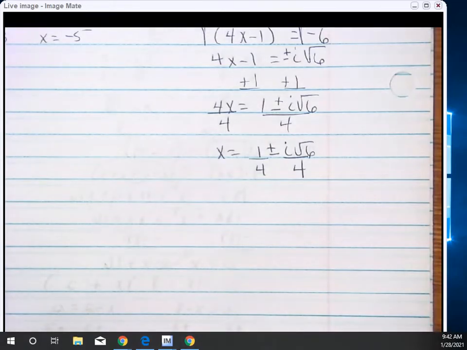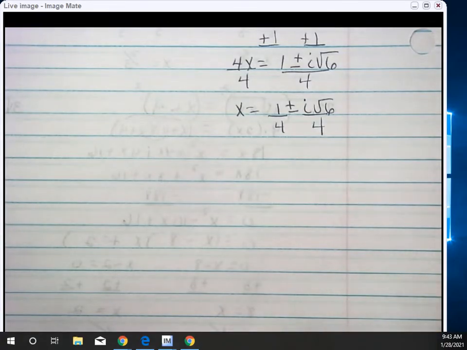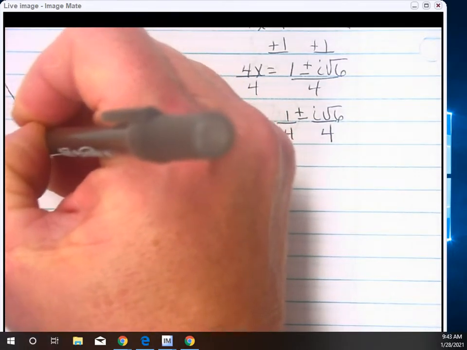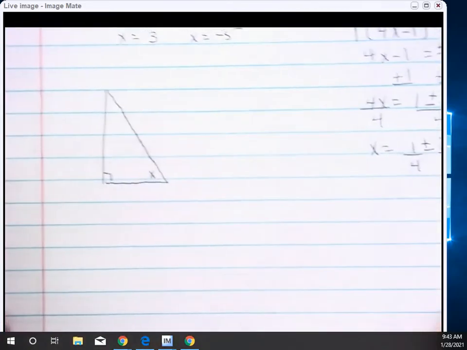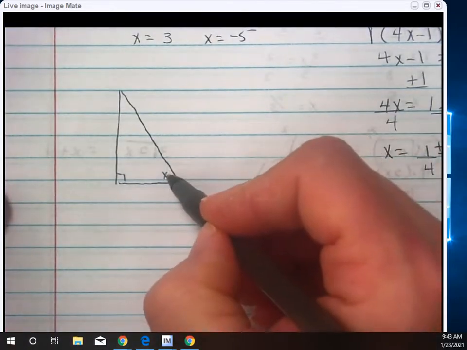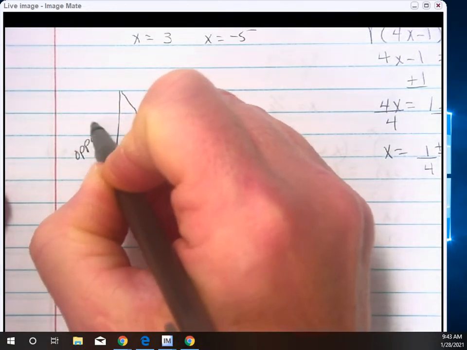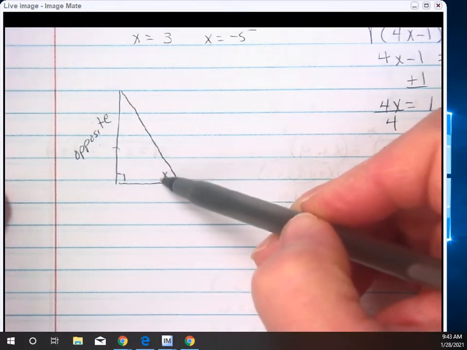All right, so let's shift gears for a little bit. We're going to go back to geometry for a bit. So you have a right triangle, and in a right triangle, we have some angle of measure. And in that angle of measure, the side opposite means it's the side that does not make up those two sides.